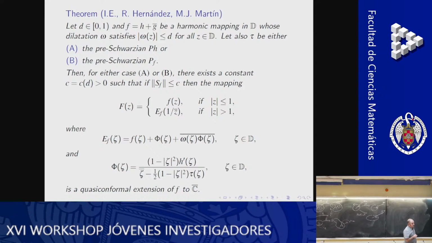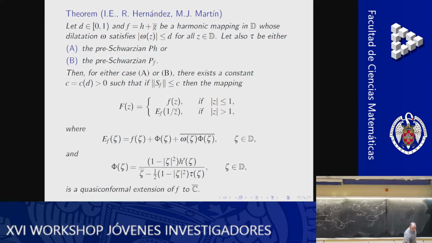I've told you about case A, how to construct it. The case B is not that meaningful. It's just that we could do it, so why not? Okay, so we could put, instead of the Schwarzian of h here, the Schwarzian of f. Okay, there's not much more meaning to it.